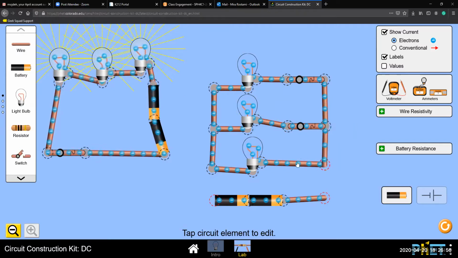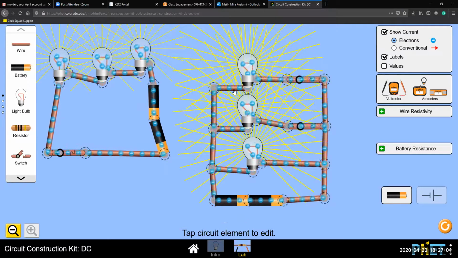So if I add another light bulb here, right? Is there any difference? No. So I added another light bulb. It didn't become less bright. It kept the same brightness. Why? Because this is a parallel circuit.